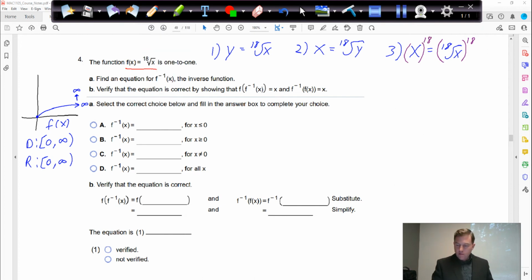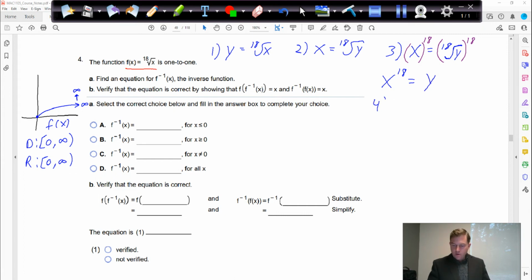So we're going to get x to the 18th, and this 18th root and 18th power will cancel, and I think I wrote something wrong here. It's not an x anymore, it's a y. This is the 18th root of y, and those 18s will cancel, and you're left with just y.